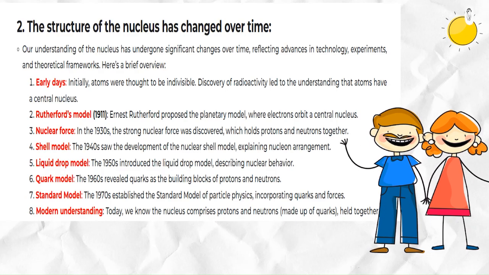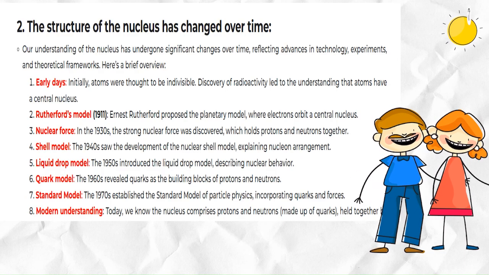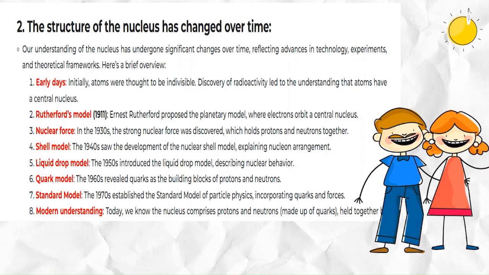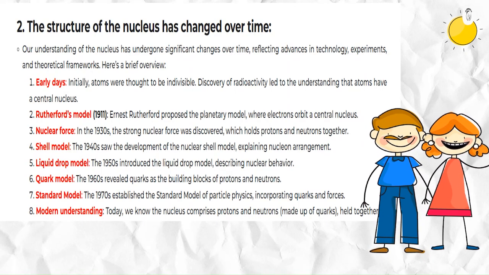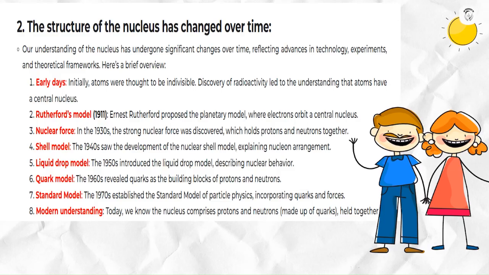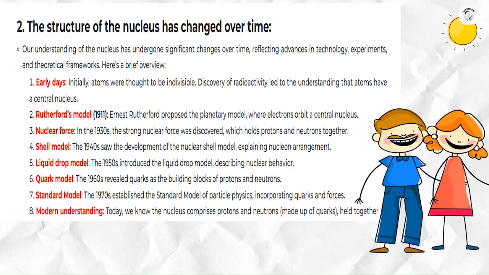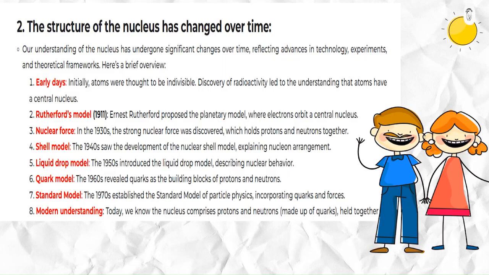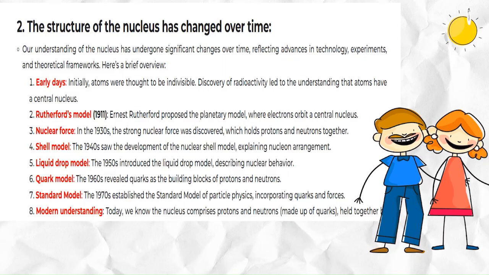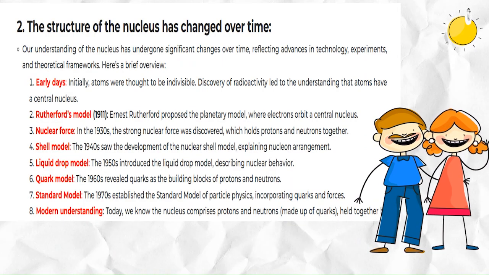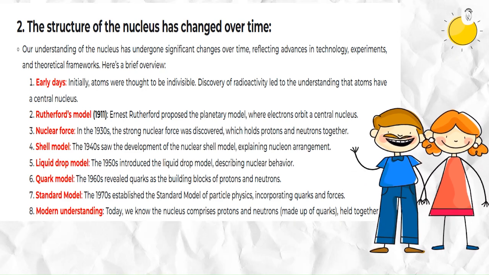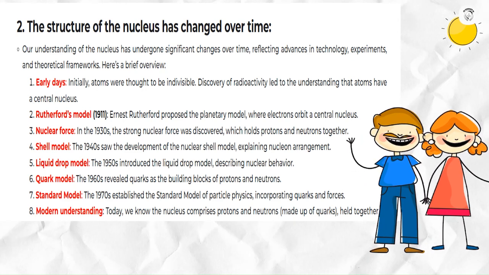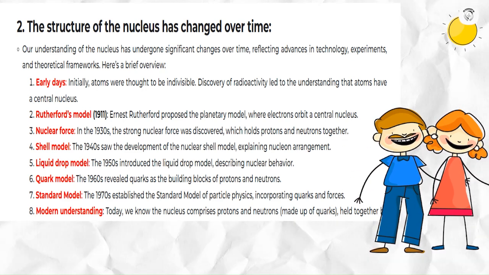Then came the shell model in the 1940s, in which we saw the development of the nuclear shell model that explained the nucleon arrangement. Then came the liquid drop model, and it described a little bit about nuclear behavior. And then came the quark model in the 1960s, which gave us the building blocks of protons and neutrons, which are the quarks.